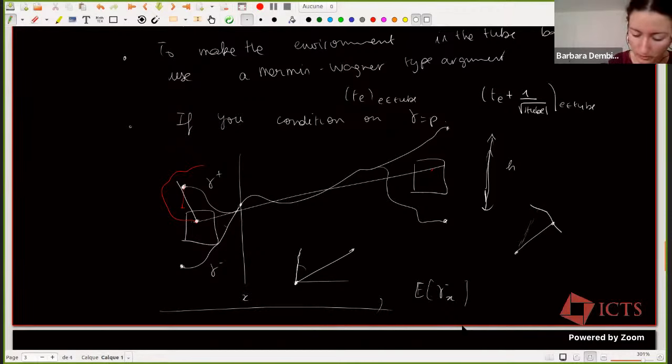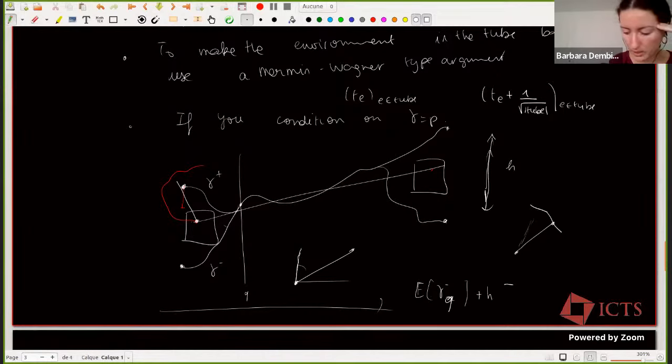Maybe x is not a good notation, let's call it q, because it's more like an integer. You look at this axis at position x equal q, and you look at the height of the first point of gamma minus.